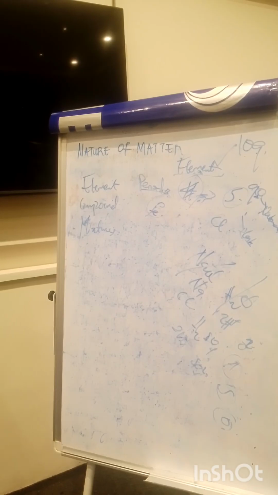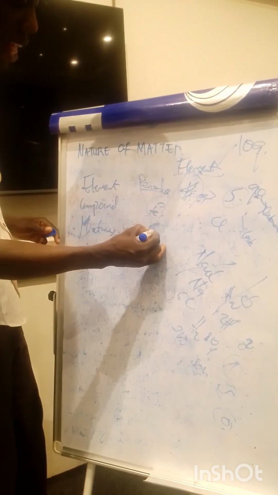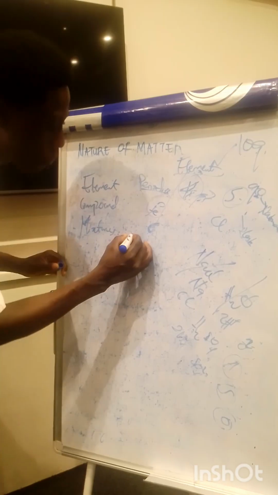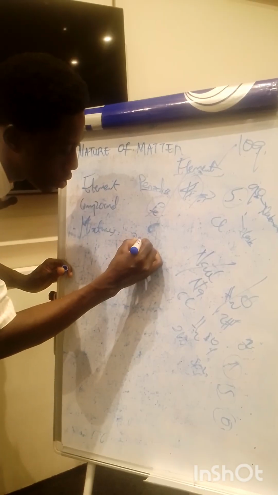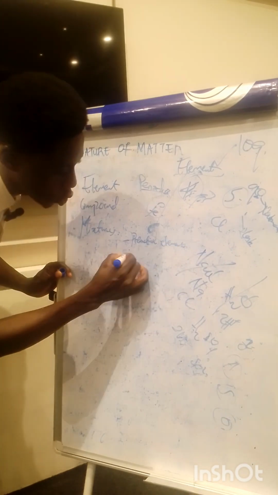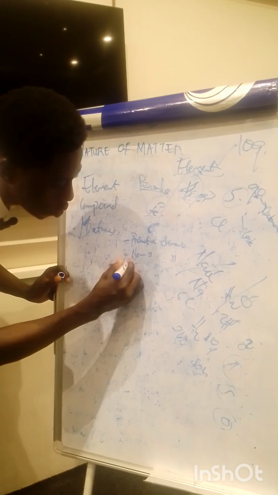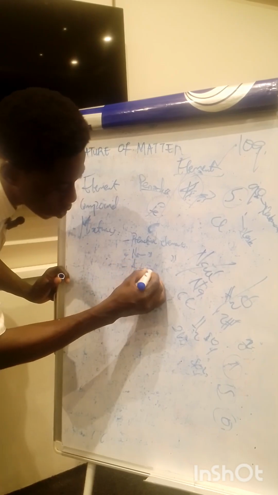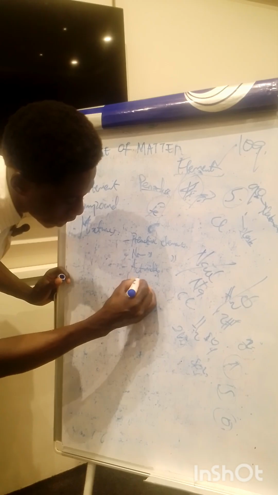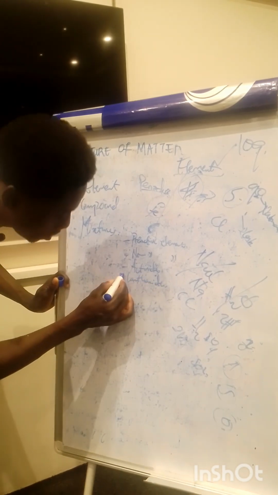Because of this, we are able to get the types of elements that we have, and there are six types of elements. Number one, you have your reactive elements. We have your non-reactive elements. We have your actinide and our lanthanide. Don't worry, under the periodic table we'll talk about all these things very well and go deep into it.